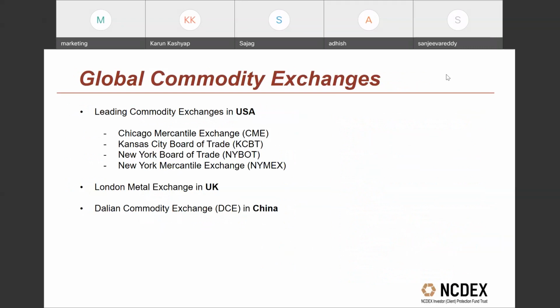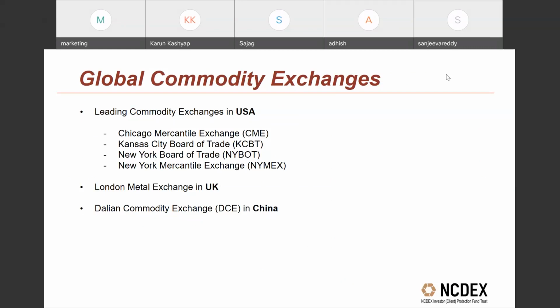If we go by the prominent exchanges, then the CME, which was earlier part of CBOT, is one of the prominent exchanges worldwide for commodity derivative trading.